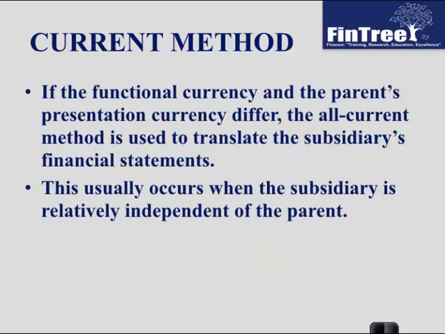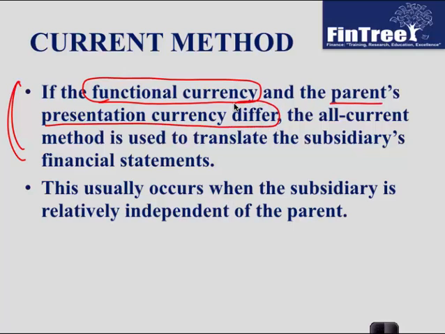So we are on to the current method right now. First, we'll run through the theory. If functional currency and the parent's presentation currency differ, so is the subsidiary independent?